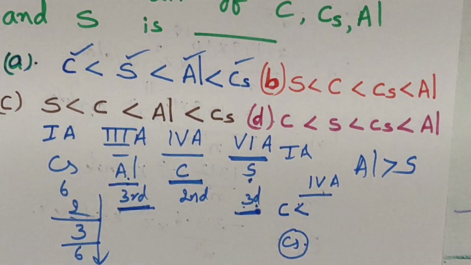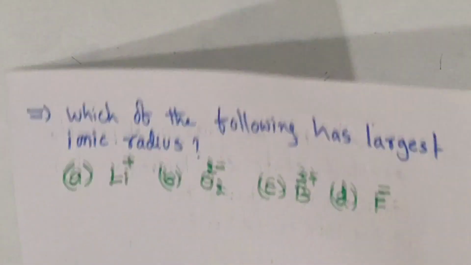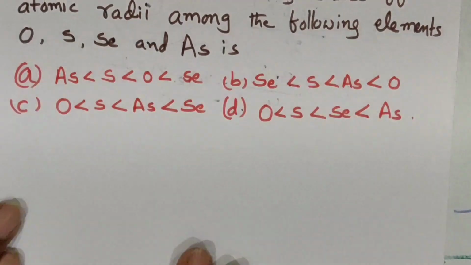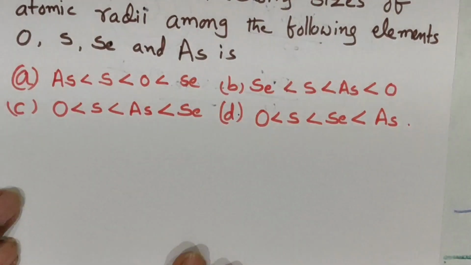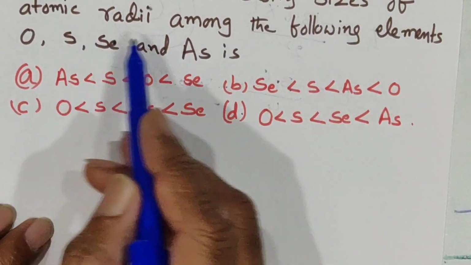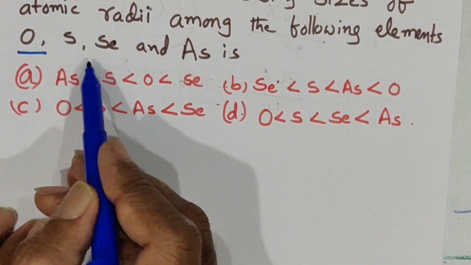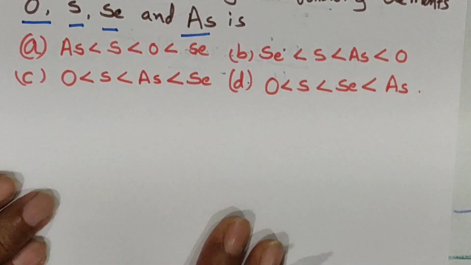Right? Now in next, I will give one next model. So here you see, this one is also very important. This was also given in a previous examination. Now the order of increasing size of atomic radii among the following elements: oxygen, sulfur, selenium, arsenic.